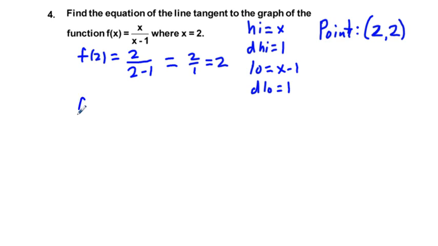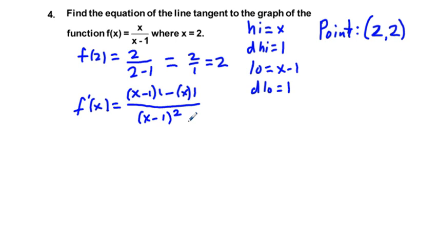So f prime of x is equal to low, which is x minus 1, times the derivative of the high, which is 1, minus high, and high is x, times the derivative of low, which is 1, all over low squared, and low is x minus 1, quantity squared.